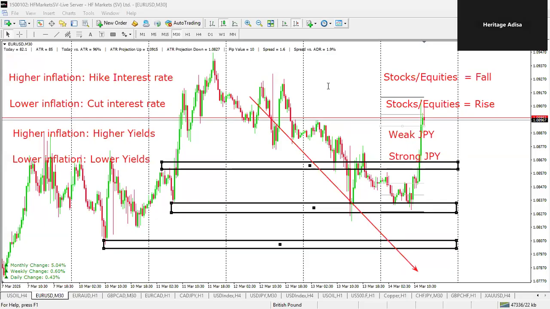The relationship between inflation and gold used to be strong before, but right now the drivers for gold are not entirely straightforward. Naturally, higher inflation strengthening the dollar would temporarily weaken gold at that point in time. But eventually, because higher inflation causes the central bank to hike interest rates, we will see capital flight from equities into safe assets, which means in the long run there will still be some upside for gold.